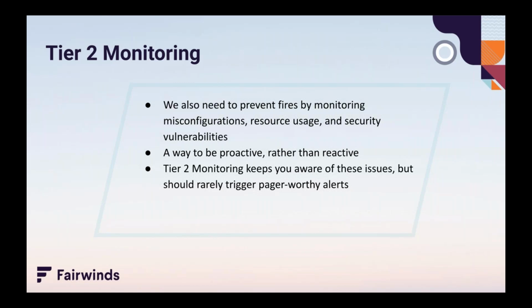And there's a few types of issues that can be prevented before they turn into reliability challenges or production incidents. And that's really what we mean by tier 2 monitoring. We really are trying to help you keep your Kubernetes configurations well managed and provide you with the tools and guidance so that you can stay ahead of these challenges before they become bigger reliability issues later on.